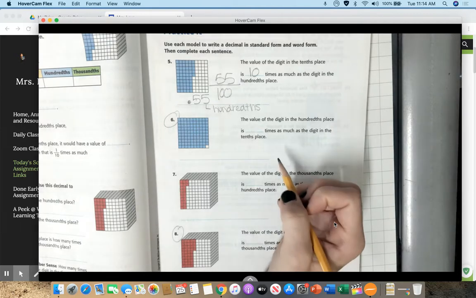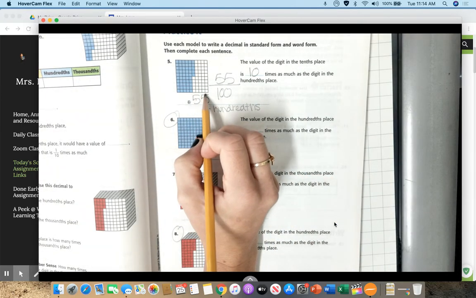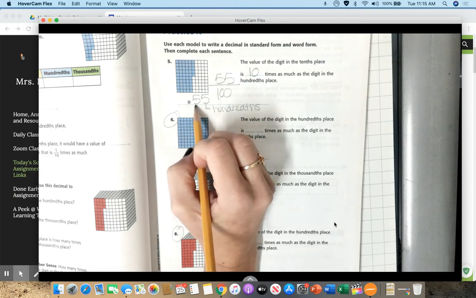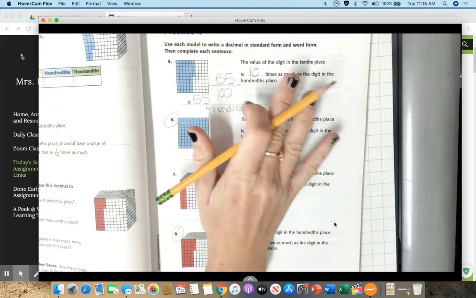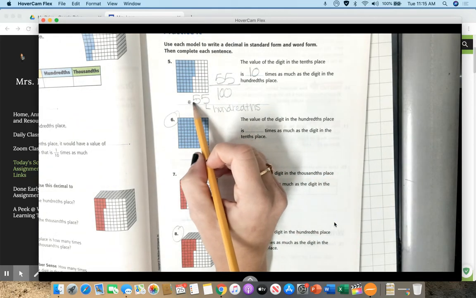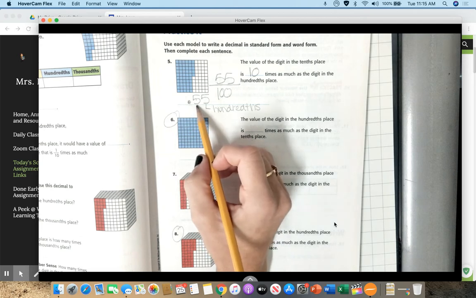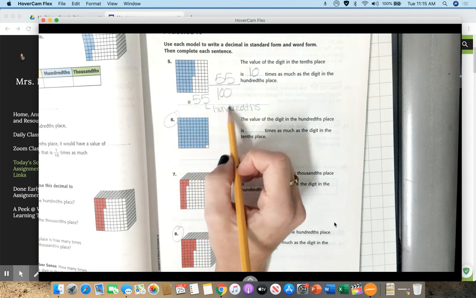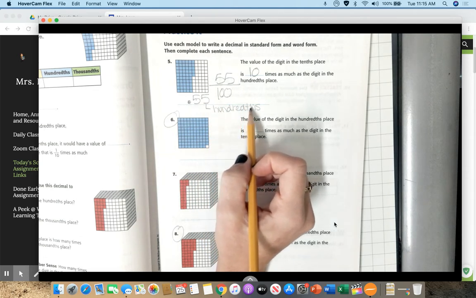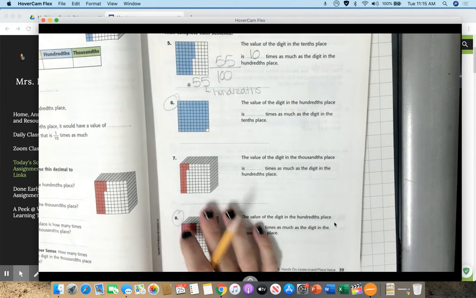We're just going to write that in. Again, this 5 is 10 times bigger than this 5 because it's one place above it. Every time, that's what it'll be. All right? It'll always be 10 times bigger as you move up the place value chart. The opposite is when you move down to the right, it gets smaller, and that's where you write it 1/10 as much.